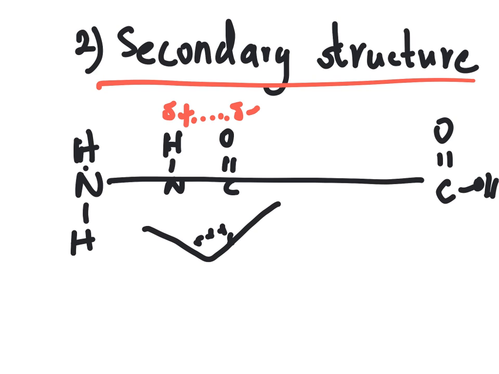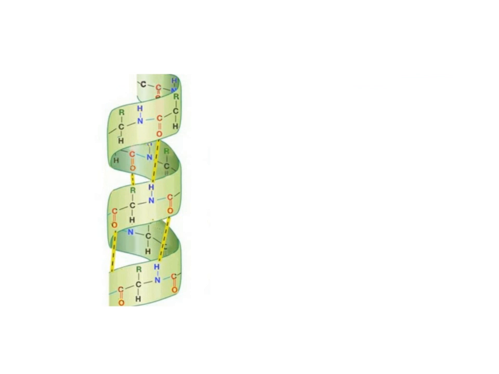Or sometimes they will form a curve, bending or curve. So because of this, in the secondary structure we can see bending and curling. Okay, so we have two types of secondary structures. Here I have given you the diagram. The first type is called the alpha helix, right?